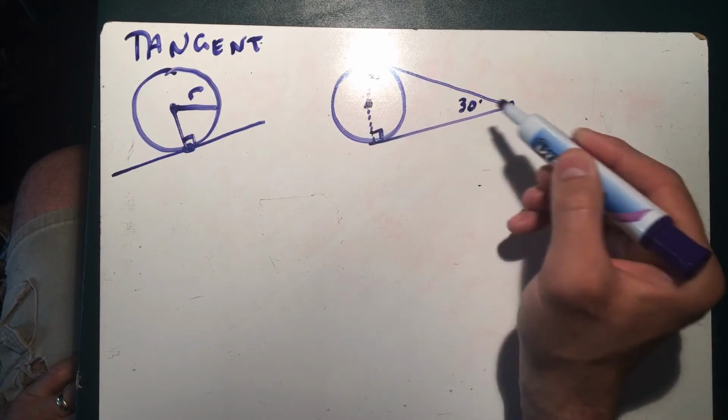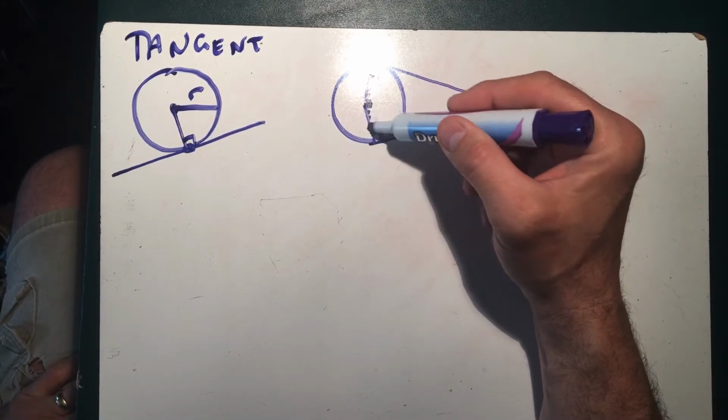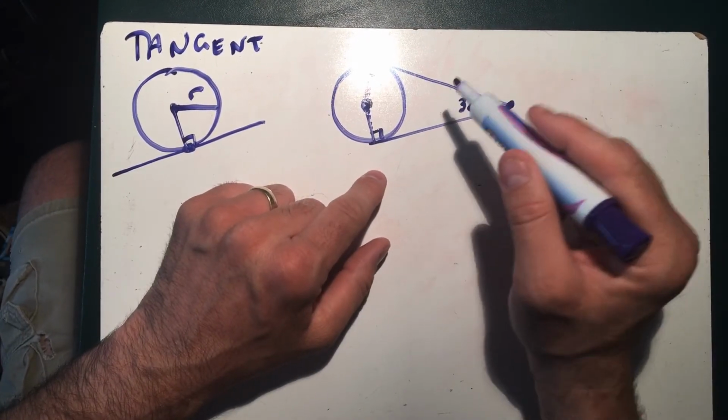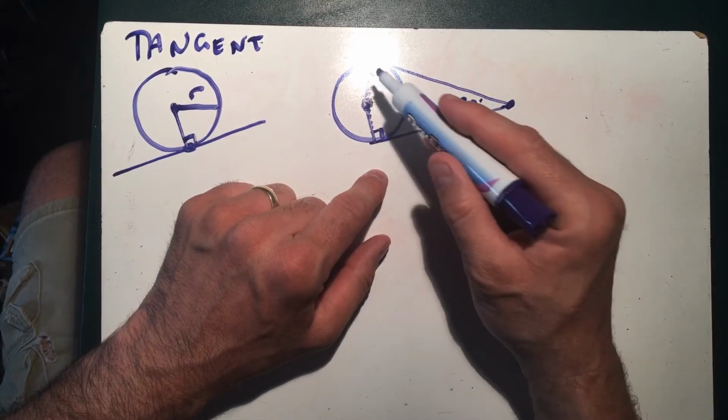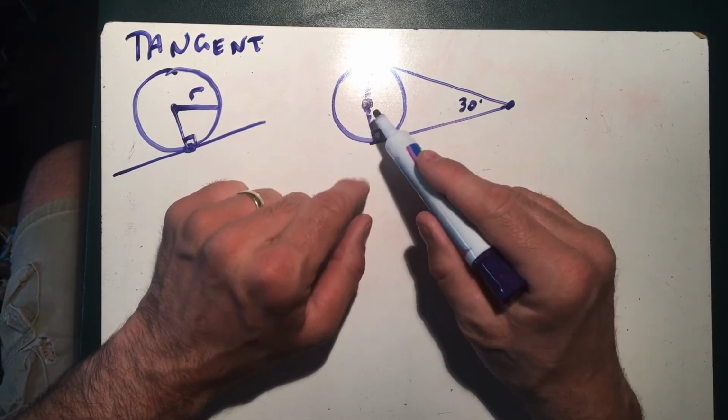So that's actually a quadrilateral. There are a couple of ways to do this. Quadrilaterals add up to 360, and there's my 180 already, and another 180, so it's got to be 150.